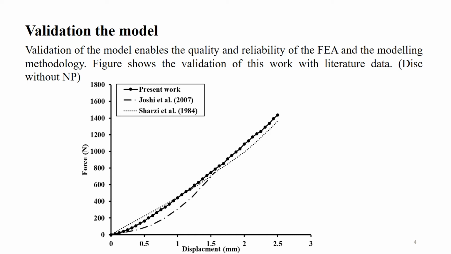This could be because in the Joshi study they used a cadaveric human functional spinal unit, which may have been degenerated or stored for a long time. Overall, we could say our validation of the model is a good result which lies within the literature data.